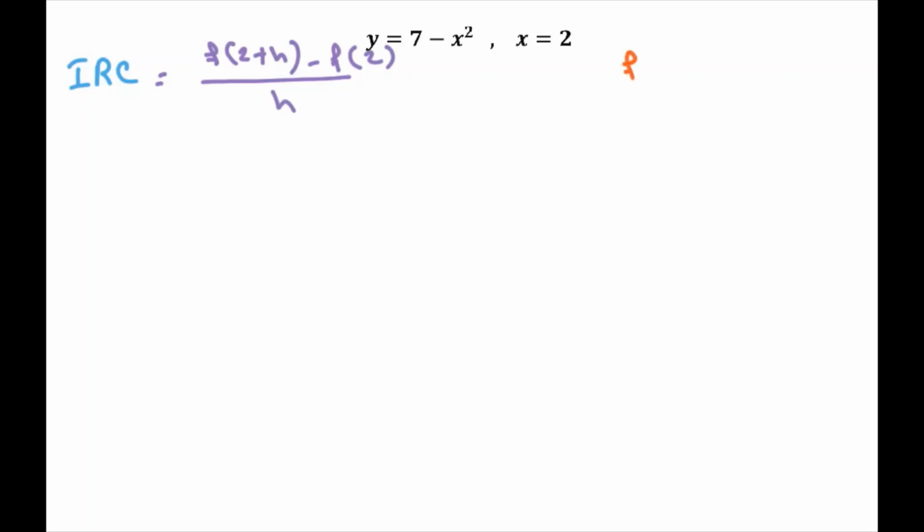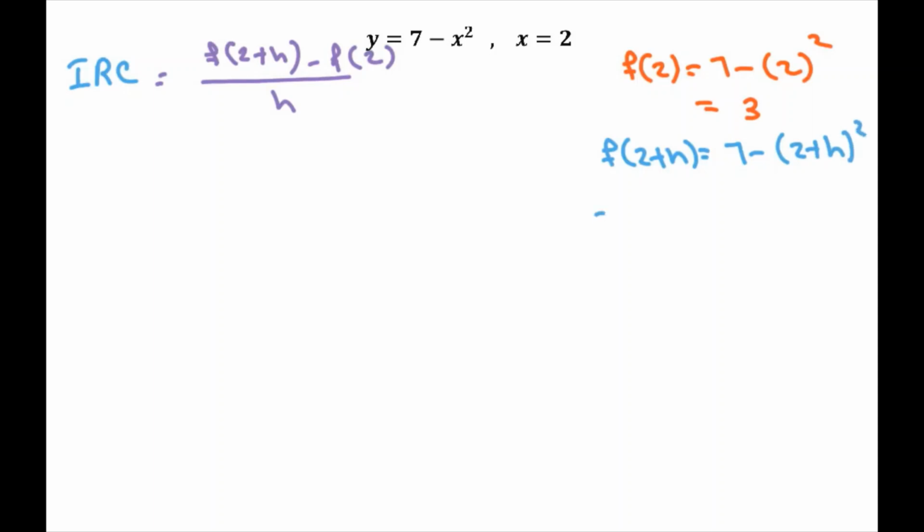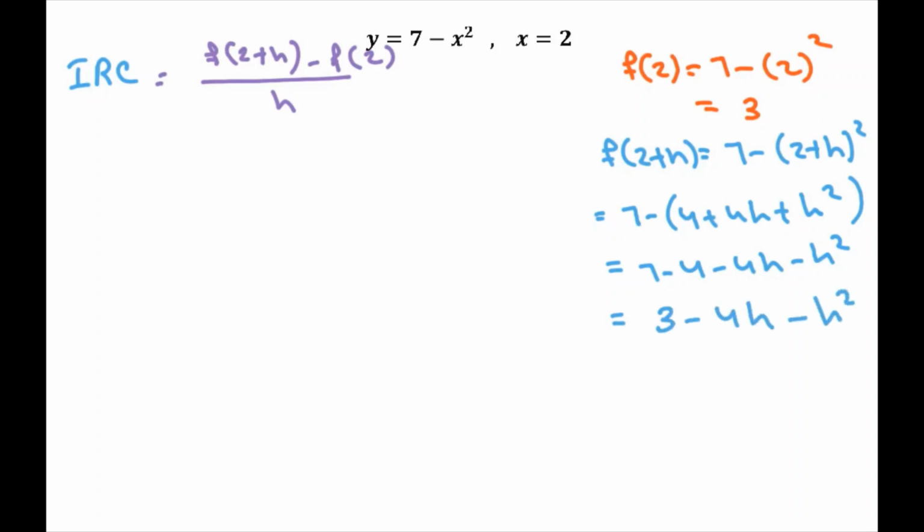Now f(2) equals 7 minus 2 squared, and that's equal to 3. And f(2 plus h) will be equal to 7 minus (2 plus h) squared. 7 minus 4 plus 4h plus h squared. That's 7 minus 4 minus 4h minus h squared, so 3 minus 4h minus h squared.